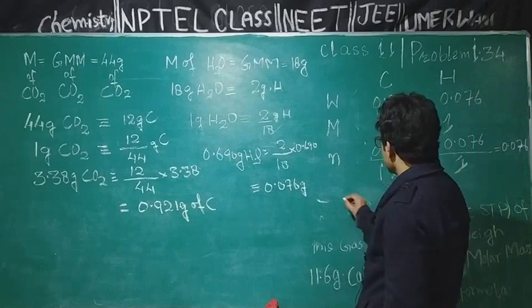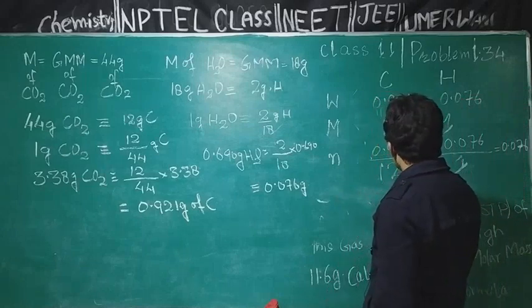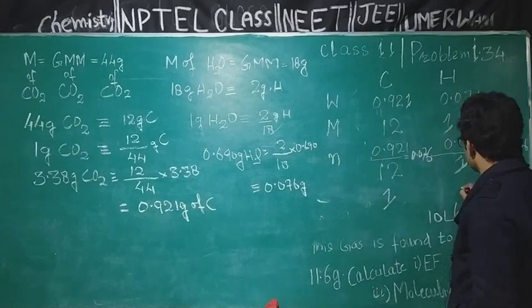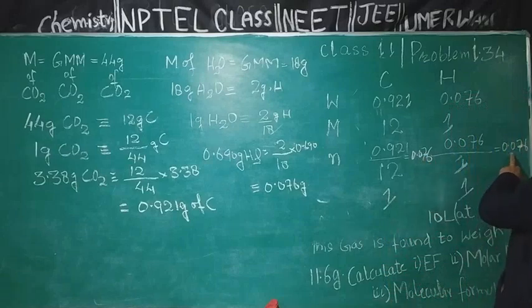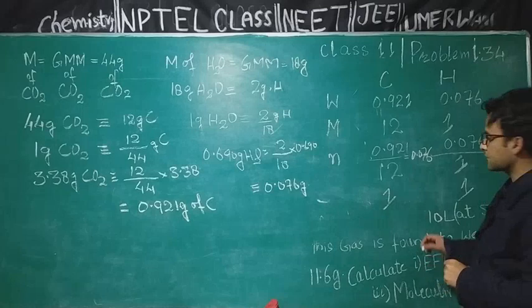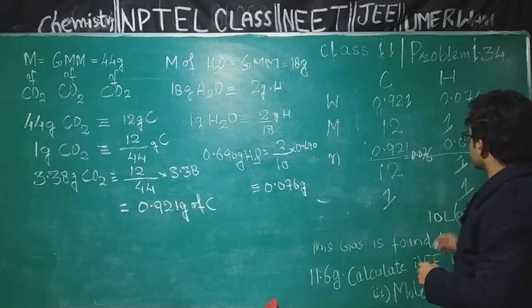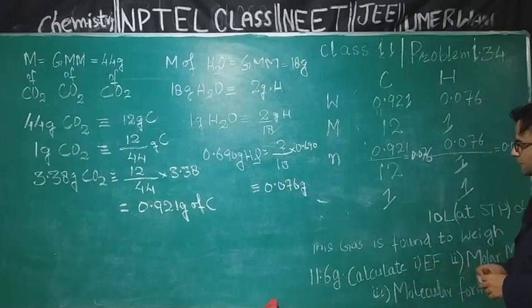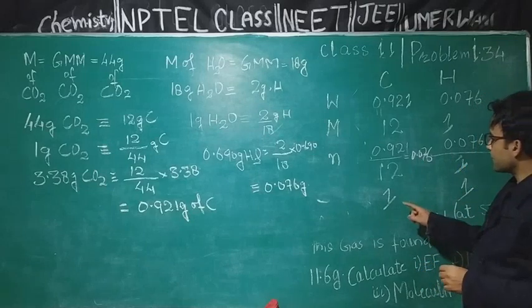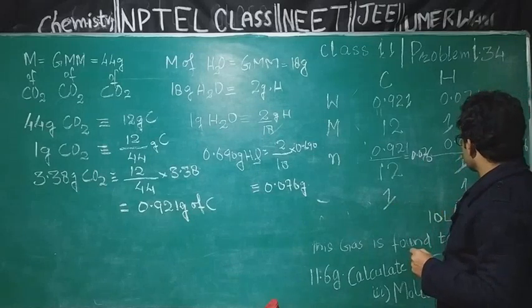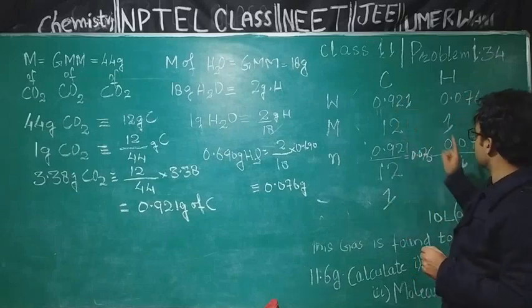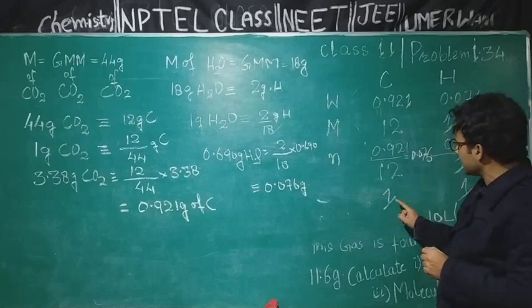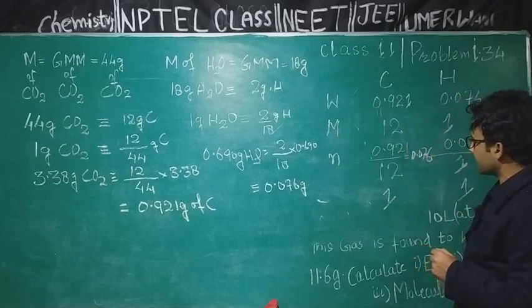The simplest ratio is 1:1. For 1 mole atom of carbon there is 1 mole atom of hydrogen in this hydrocarbon, or I will say for 1 atom of carbon there is 1 atom of hydrogen.